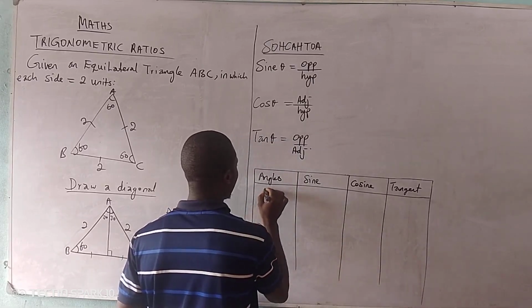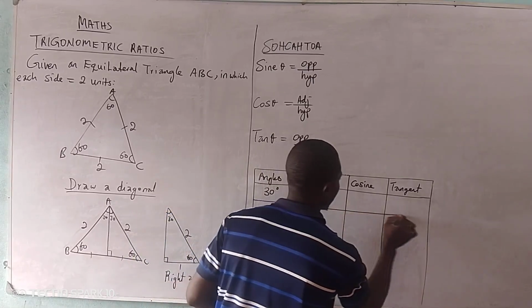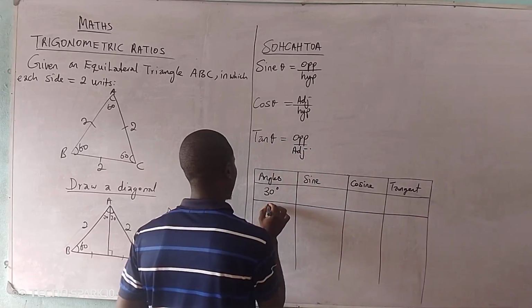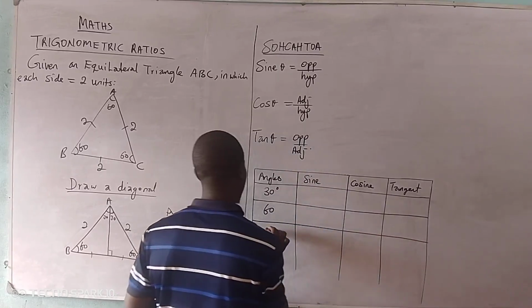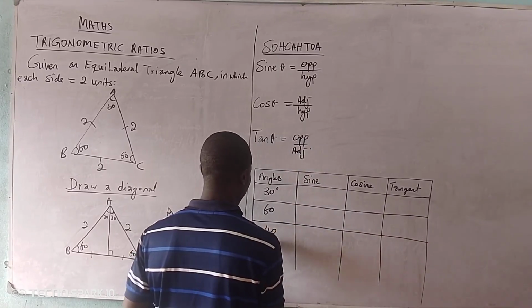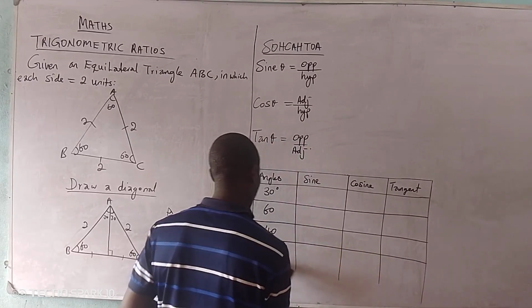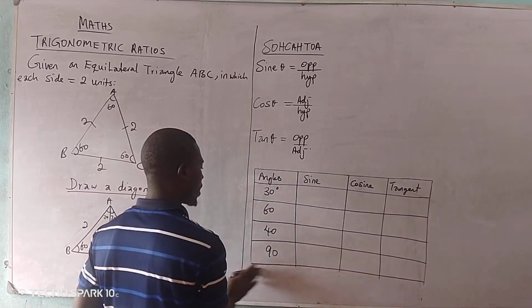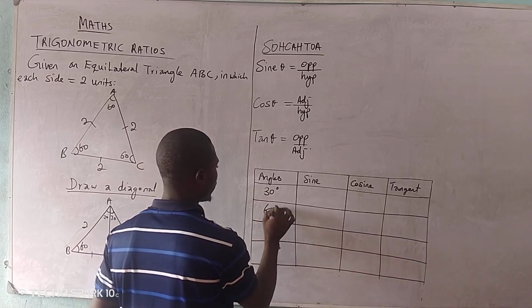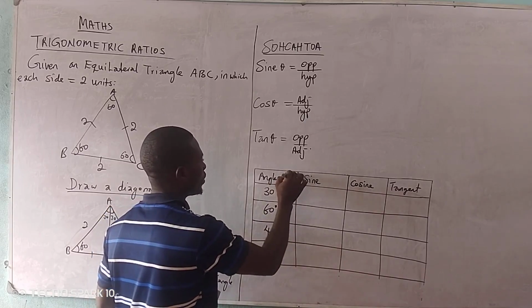So we'll start with the first one, angle 30 degrees, 60 degrees, then 45 degrees, and then 90 degrees.